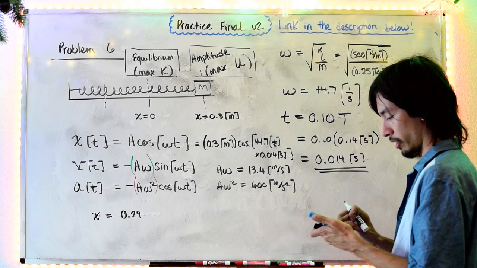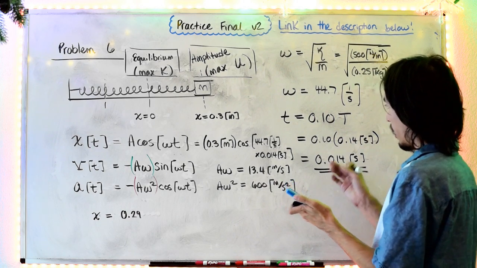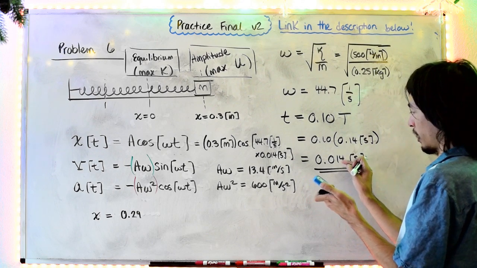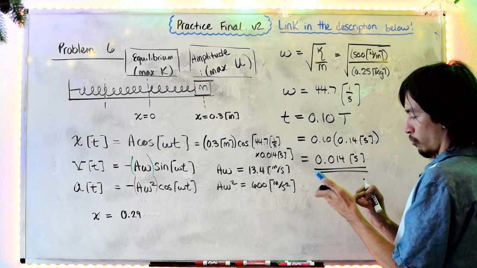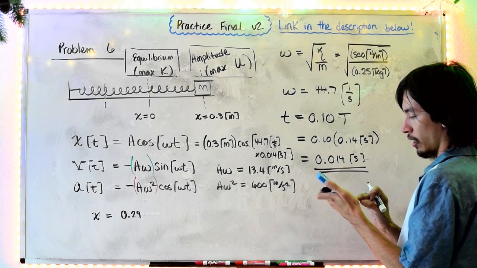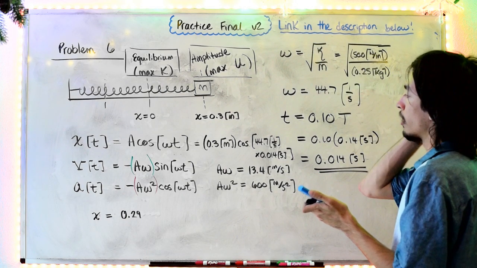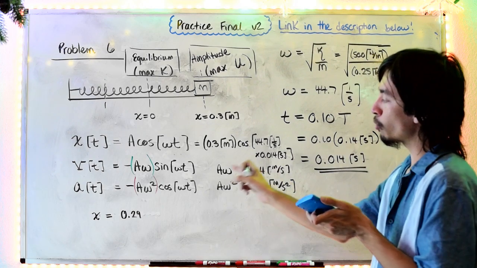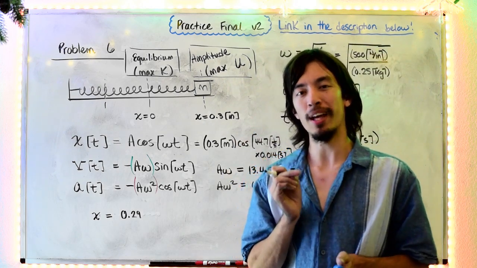That should be pretty much it then. So cosine of omega, 44.7 times 0.014, and then that should give me the answer, but oh, that's right, it's in radians, that's why.